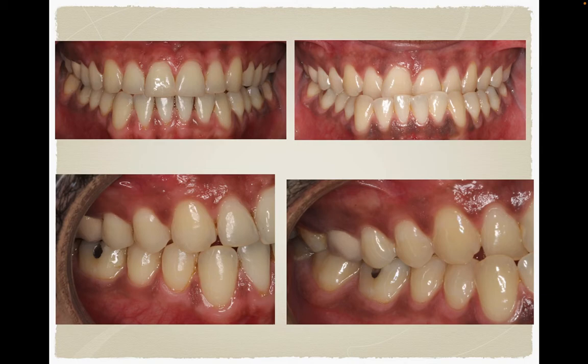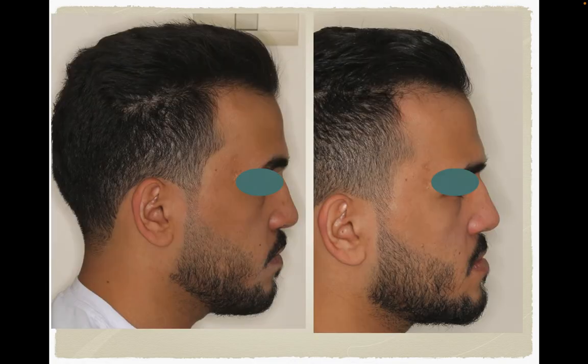But what happened was a little bit of distalization and mainly a lot of proclination and mesial movement of the lower teeth. Something to notice here is that this is the patient after treatment and this is before treatment, and as you can see, his chin becomes smaller, as if I had done an orthognathic surgery for him.